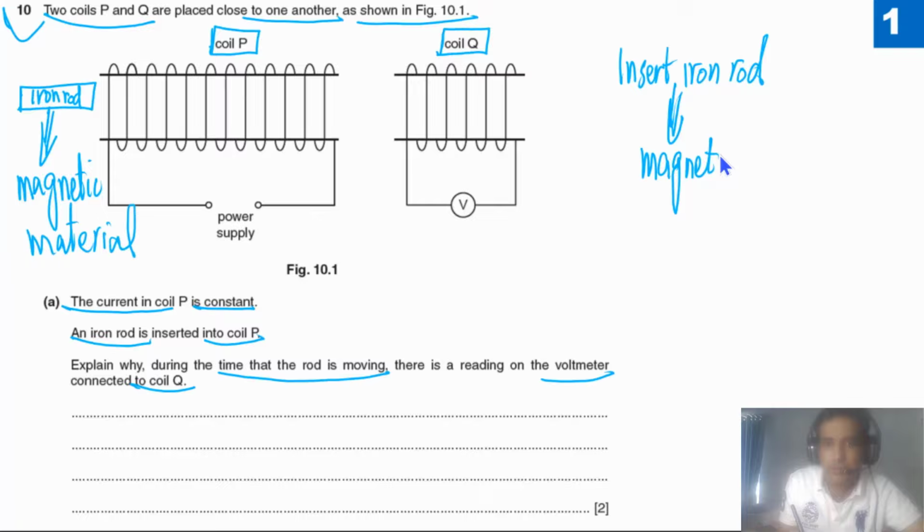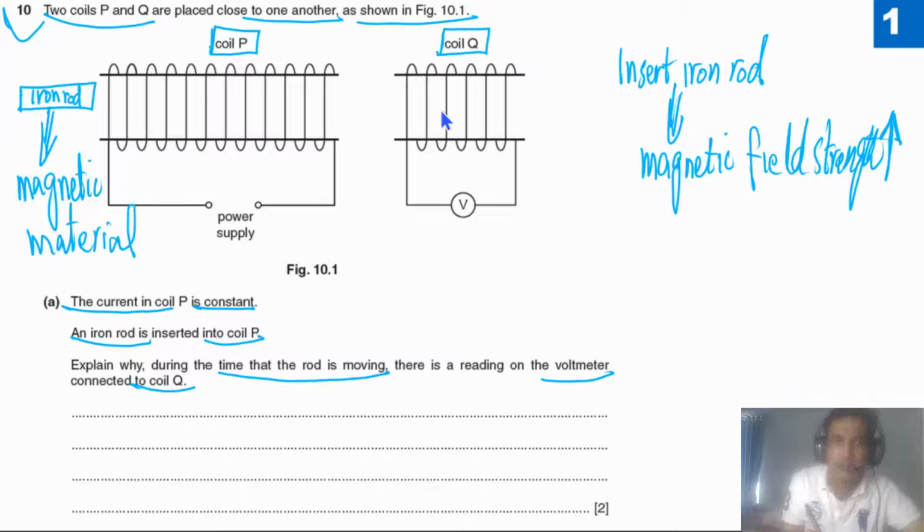As the magnetic field increases here, the magnetic field here will also increase. So simply we can say there is a change in magnetic flux.